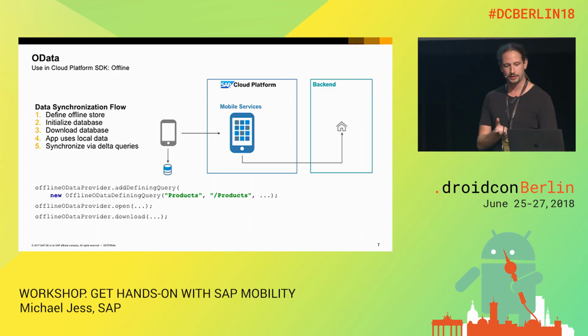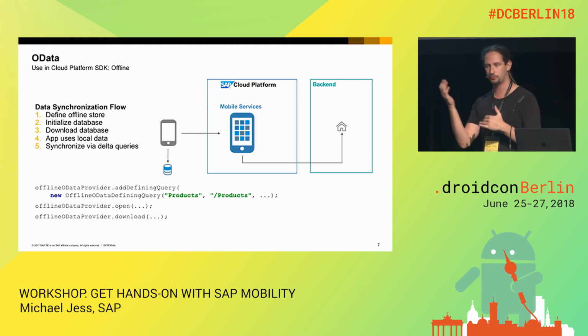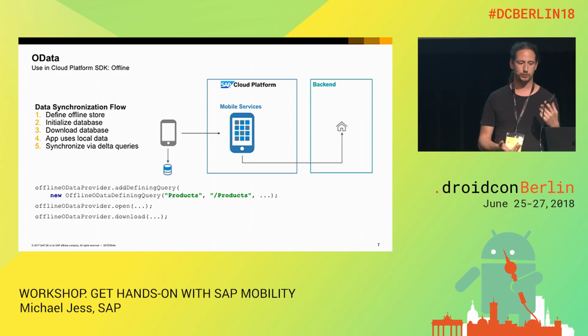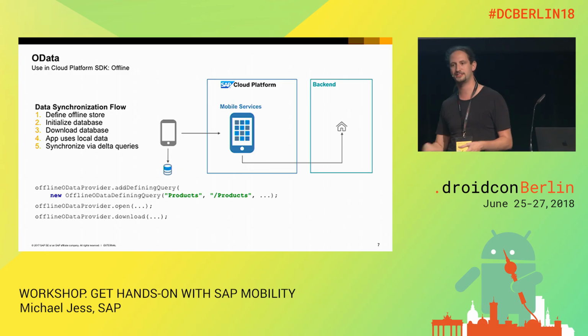Two more cool things. What if data changes? Well, this goes both ways. Number one is when backend data changes, we need to synchronize back to the client. That is the so-called download operation. The cool thing is that between the client and mobile services, it is always delta queries.